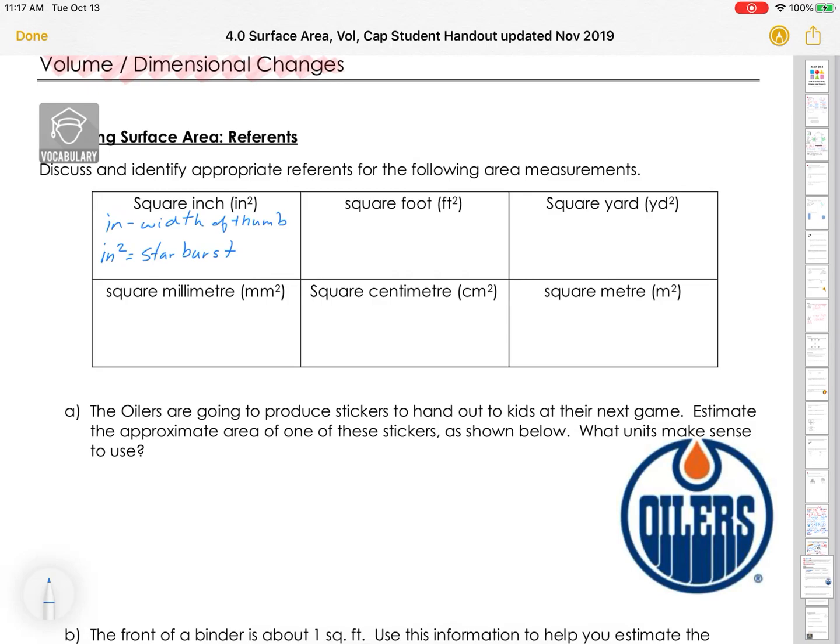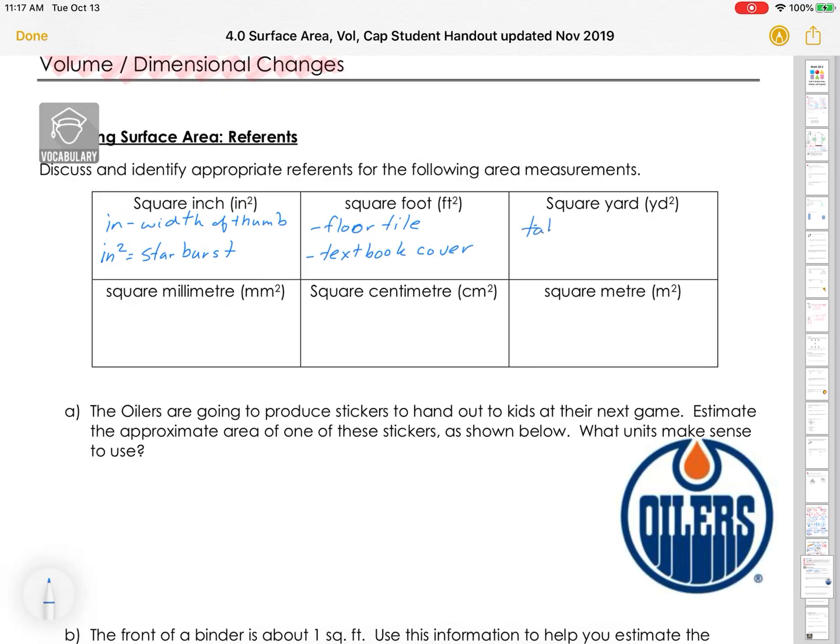It might not be exact, but it's a referent that gives you an idea. A square foot, maybe a floor tile or a textbook cover. And you may say, my textbook is not square, but it might be close enough to give you an idea of how big a square foot is.